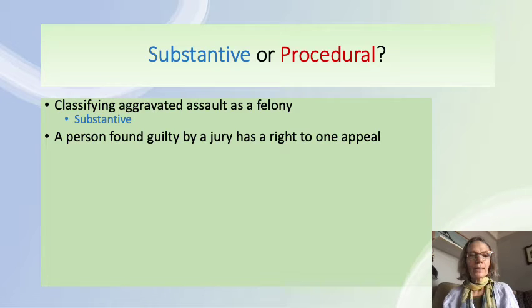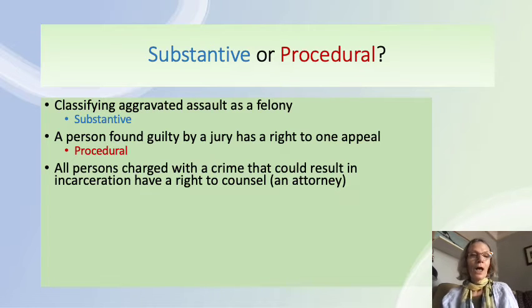The second one is a person found guilty by a jury has a right to one appeal, okay? Is that having to do with the substance of criminal law or the procedure of the criminal justice system? The answer is procedure, right? It's procedural criminal law because it's telling us the process. If you're found guilty, the process is that you can appeal your guilty conviction. All persons charged with a crime that could result in incarceration have a right to counsel, have a right to an attorney.